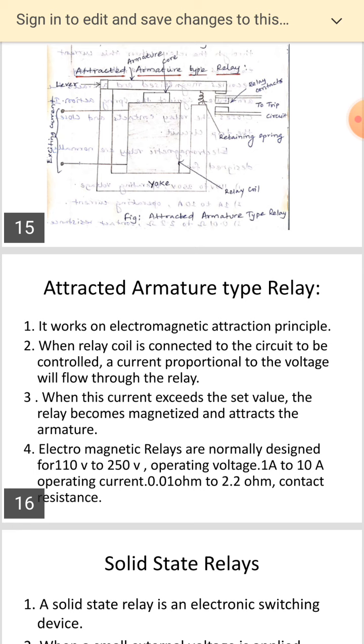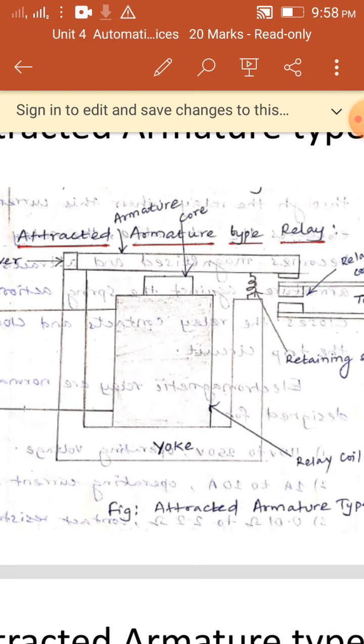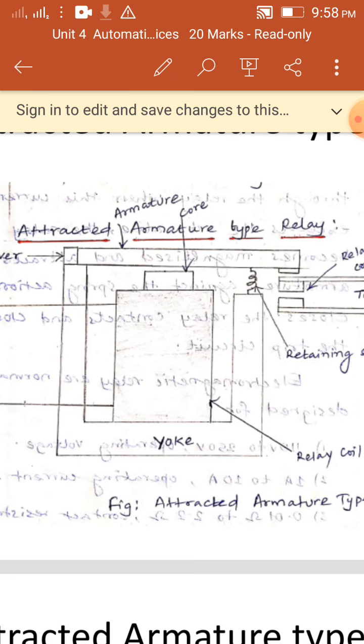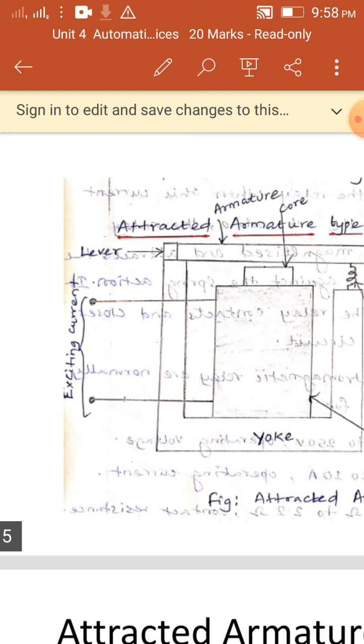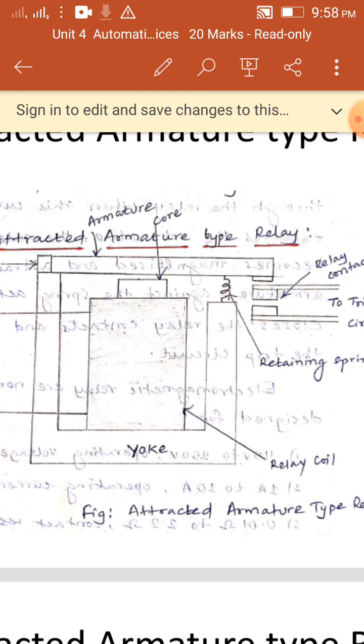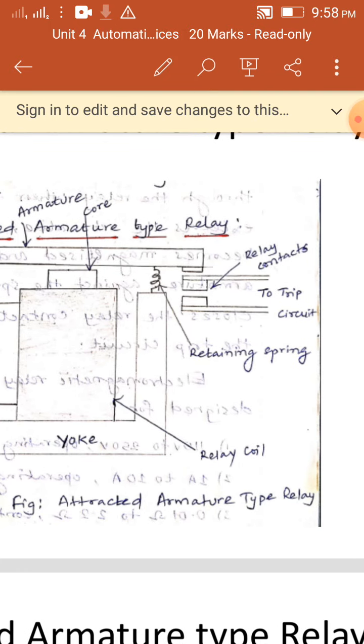So if you see the figure, there is an armature in the center, where coil windings are done, and on top there is a lever, which should be iron, and there is a spring to the yoke, and there are two contacts.